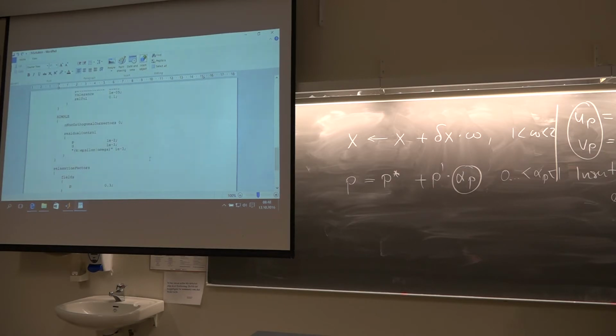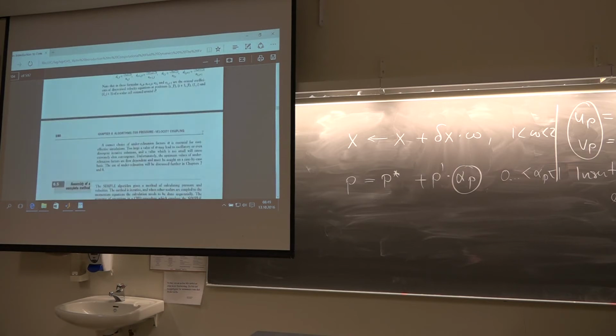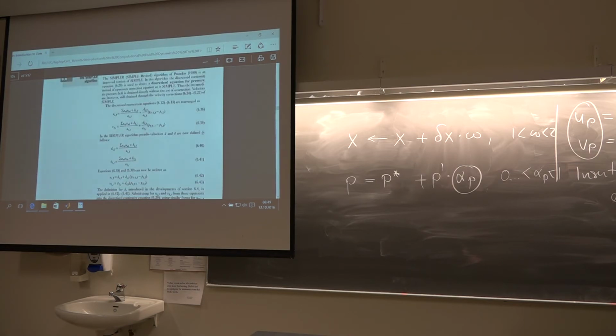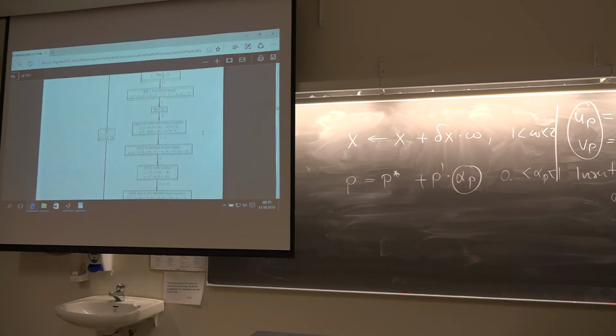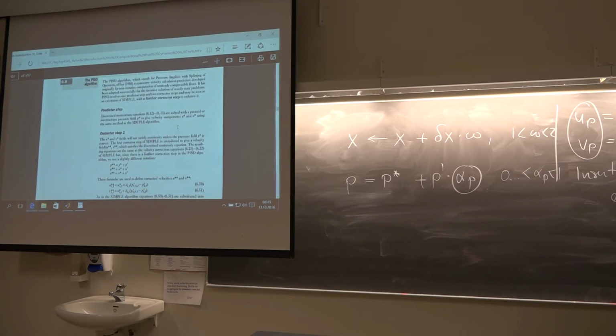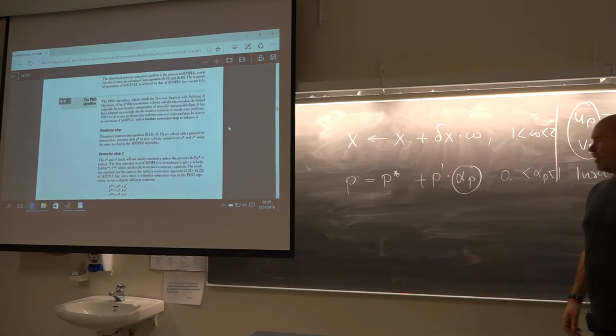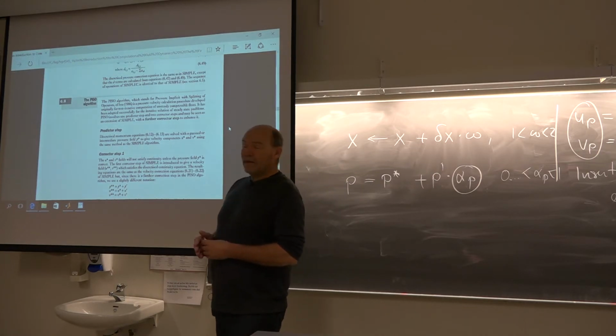So that's the simple algorithm. We have several others. Some are called PIMPLE. And here they have something called PISO. Let's see if we can find it. Algorithm for the SIMPLER, you can have a look if you like. And here the SIMPLEC. And here the PISO. It's the same philosophy as SIMPLE, but you have an additional step.